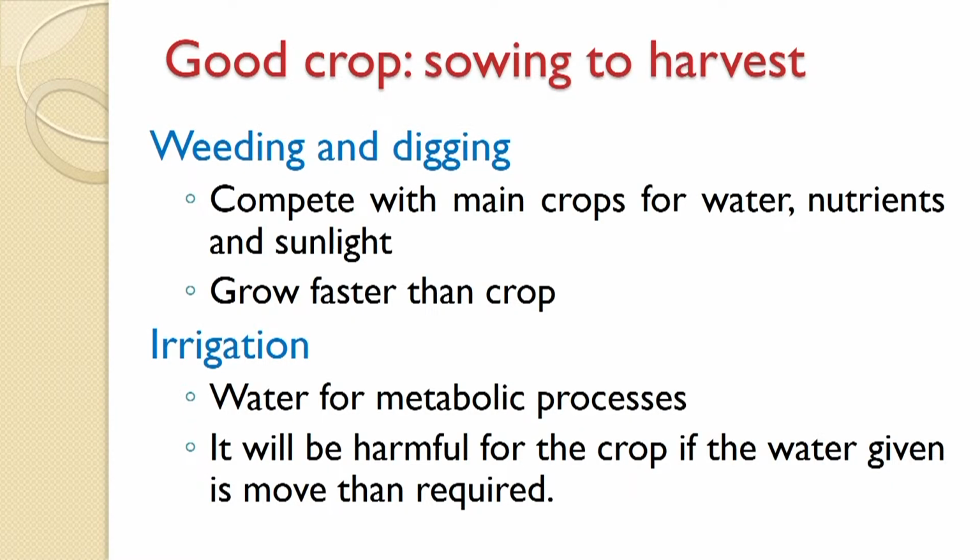Suppose a weed grows faster than the main crop, it may shade the main crop, and in that case our main crop will not get sufficient sunlight for photosynthesis.